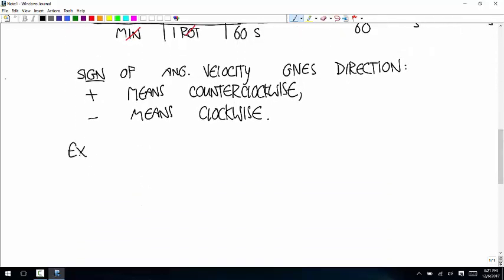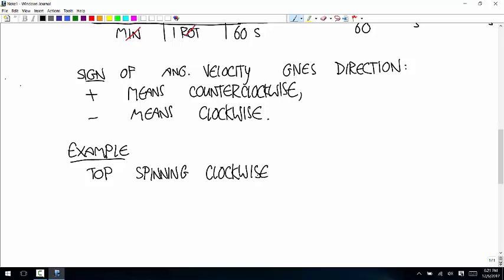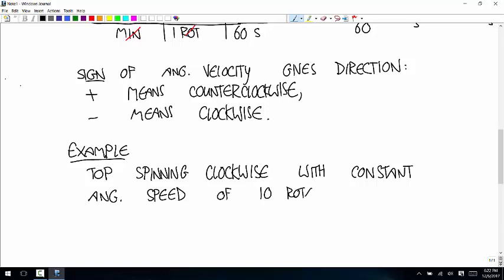Okay, so for example, a top is spinning clockwise with a constant angular speed of 10 rotations each second.